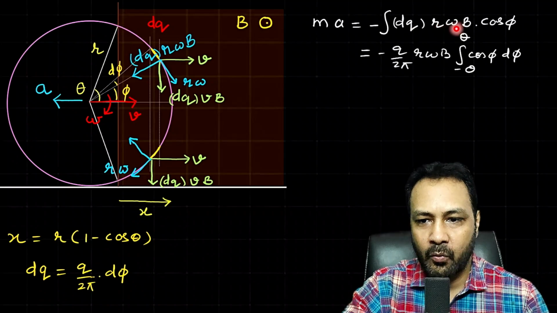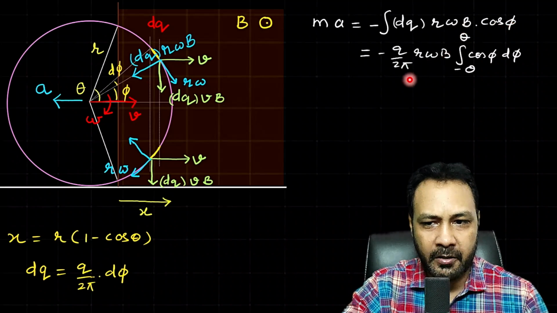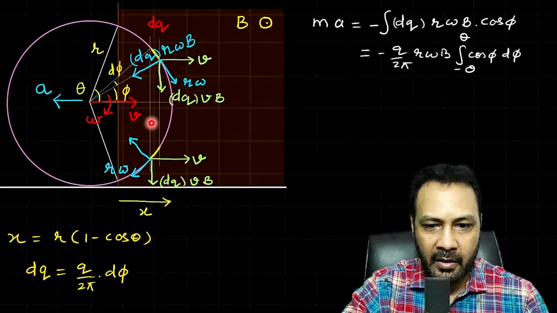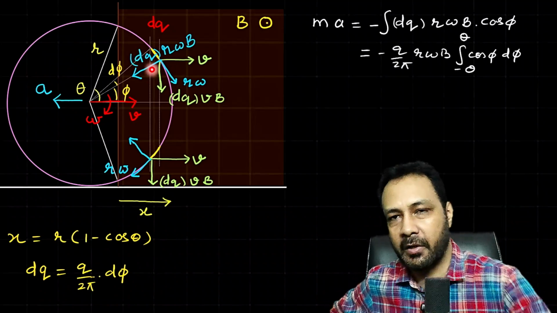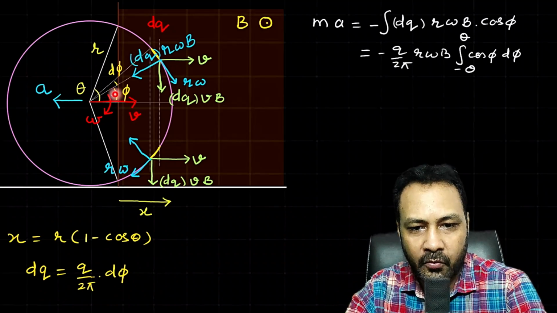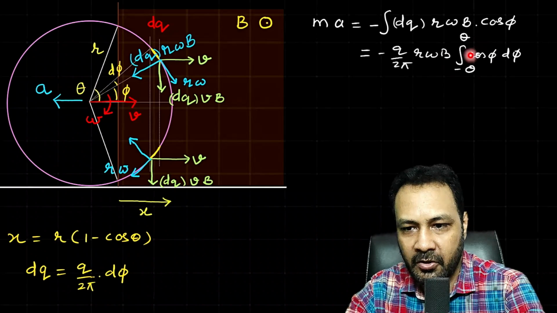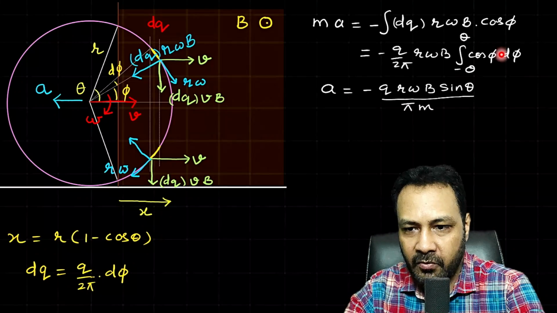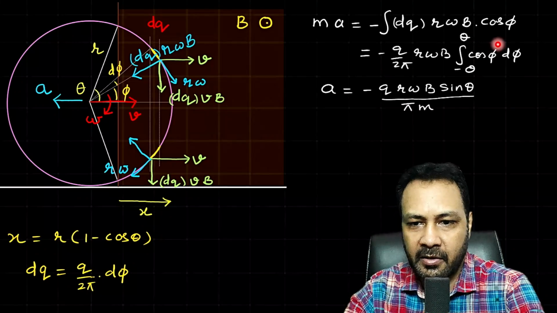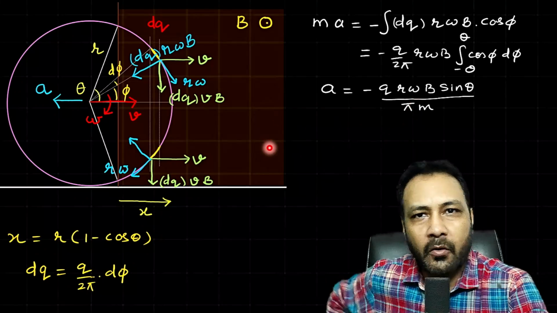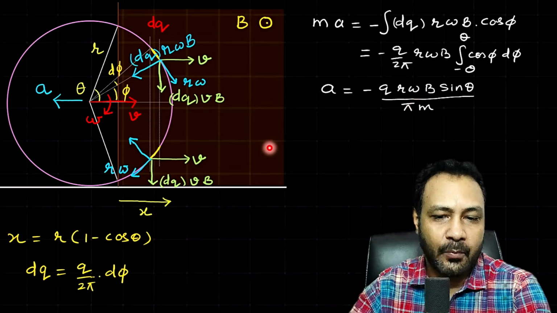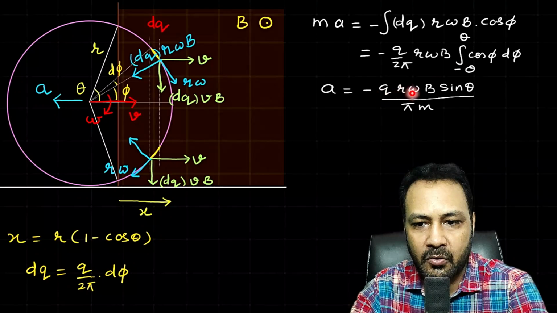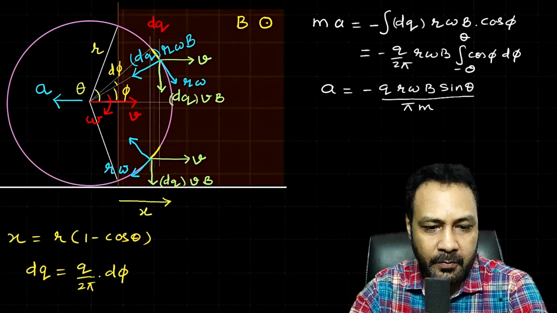So here r omega B are constants, so I have taken the constant things outside the integration sign, and this is cos phi d phi, and as I take this element from here to here, that will cover the whole part that is within the magnetic region. The limit of phi will go from minus theta to plus theta, so this integration would be 2 sine theta. Just simplify this. This integration will give me 2 sine theta, and this 2 and 2 will get cancelled and bring m to this side. So I got the acceleration of the center of mass opposite to velocity, that is equal to minus q r omega B sine theta by pi m, right?